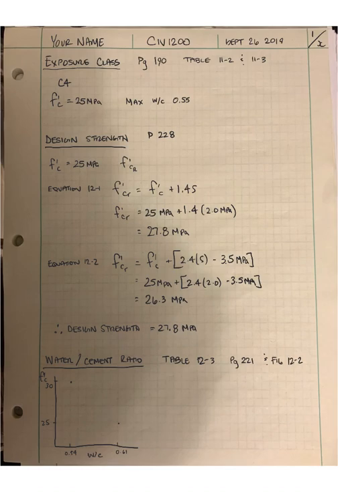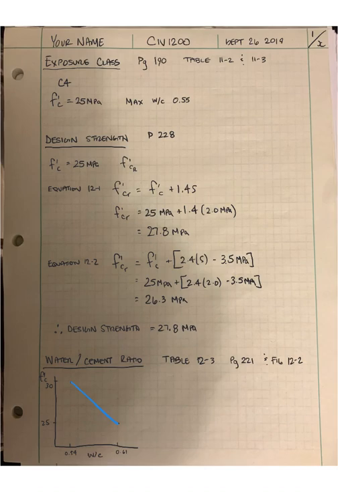Okay, so this line, when we look at it, is a straight line. So what we want to do is find the difference between 0.54 and 0.61, because we know that our F prime C required is 27.8 MPa.